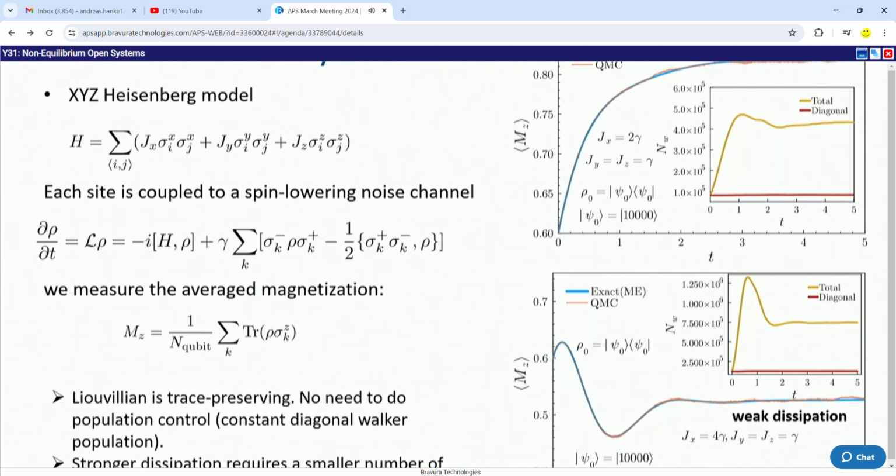As can be seen in this red line, it's always a constant. And then the total number of workers is increasing in this transient behavior, and it finally saturates as we go to the steady state.